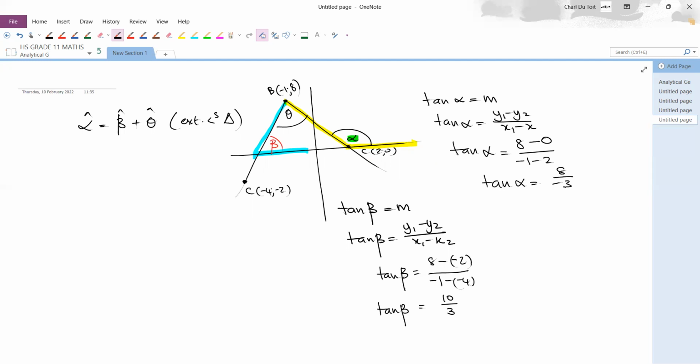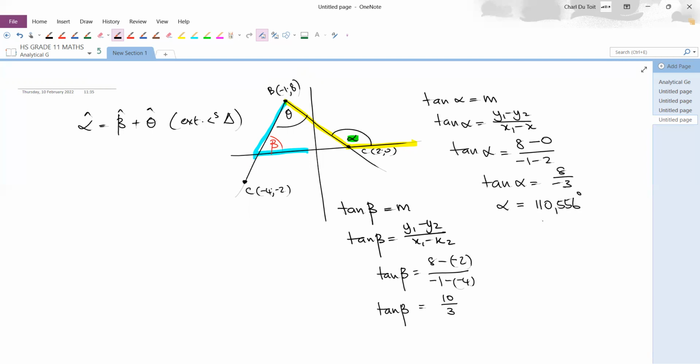Okay, good. So now let's work with alpha first. Shift tan 8 over negative 3. What is that? That would be negative 69.4439. But that's impossible because it's between 90 and 180. So I'm just adding quickly 180. Then I get 110.556.